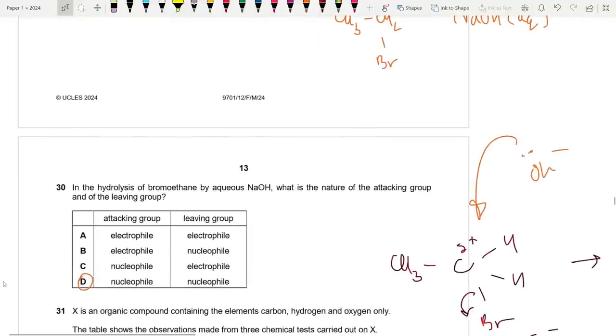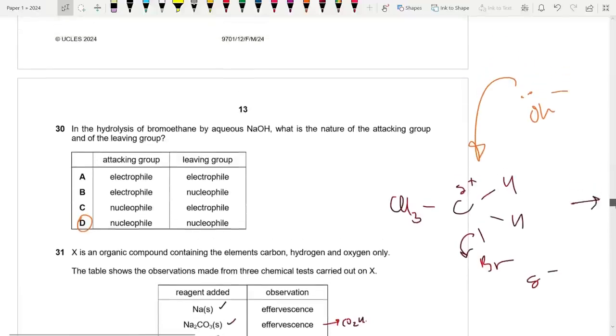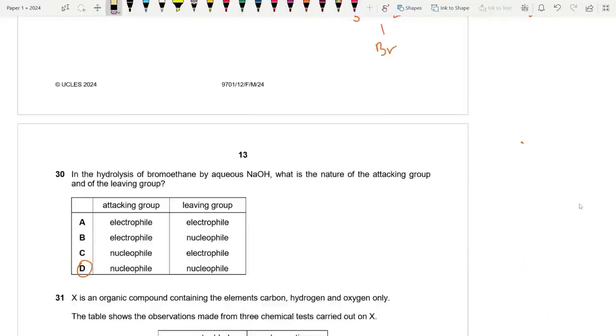So question number 30, in the hydrolysis of bromoethane by aqueous NaOH, what is the nature of the attacking group? Okay, so hydrolysis of bromoethane. As you can see, bromoethane is this compound, CH3CH2Br.